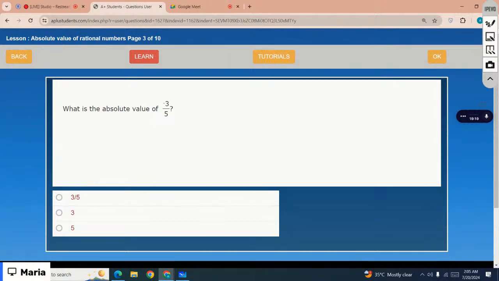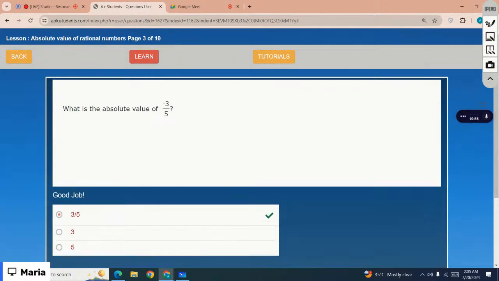Which is the correct option? Yes, that is positive 3 by 5. Option number 1 is the correct option.